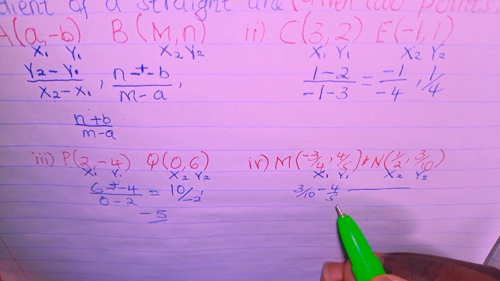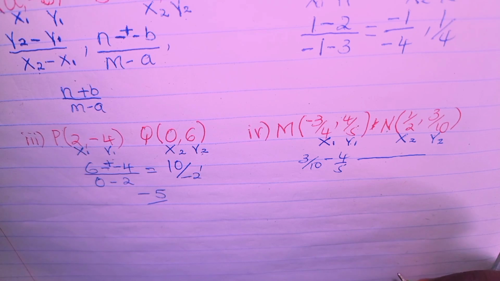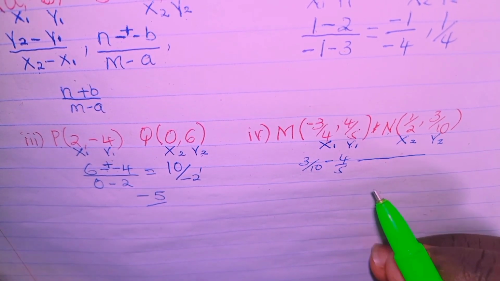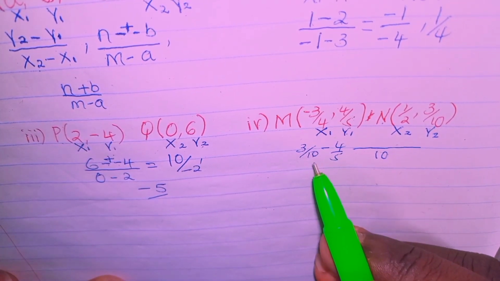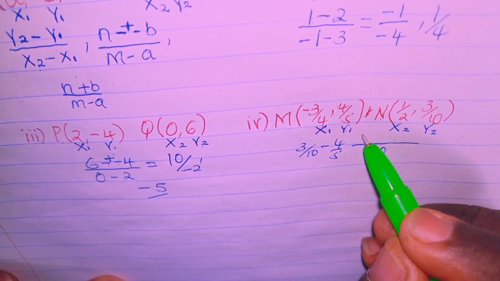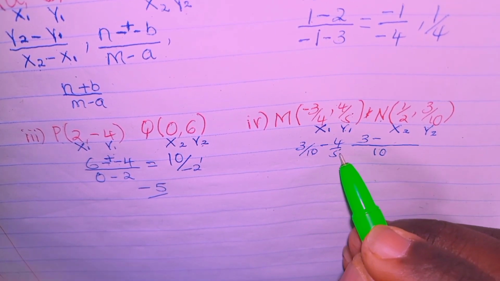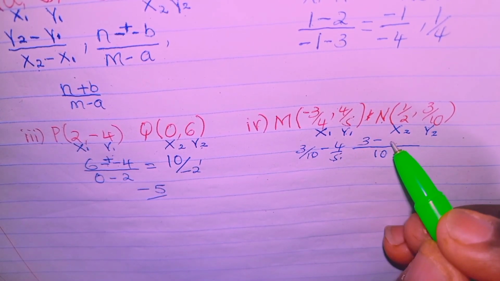So let's calculate this one: 3 over 10 minus 4 over 5. The LCM of 10 and 5 will be 10. 10 divided by 10 multiplied by 3 gives 3, minus 10 divided by 5, which is 2, multiplied by 4 gives 8.